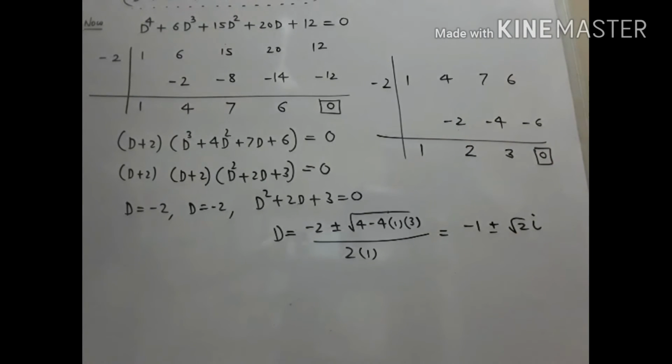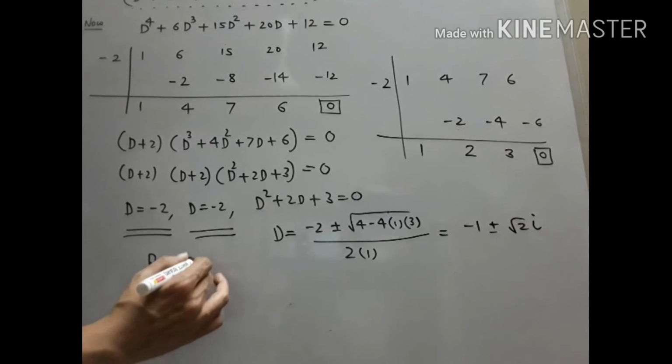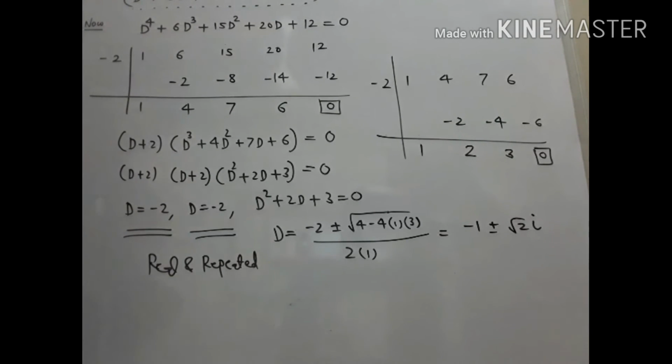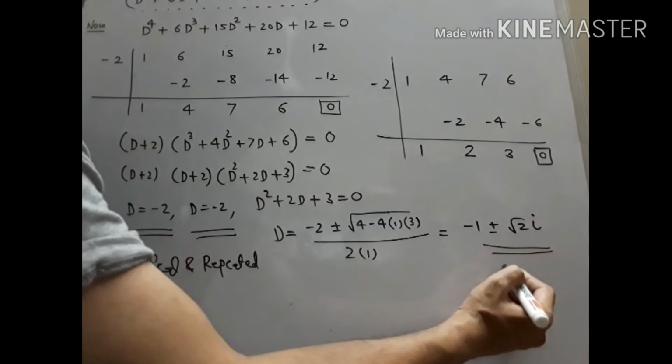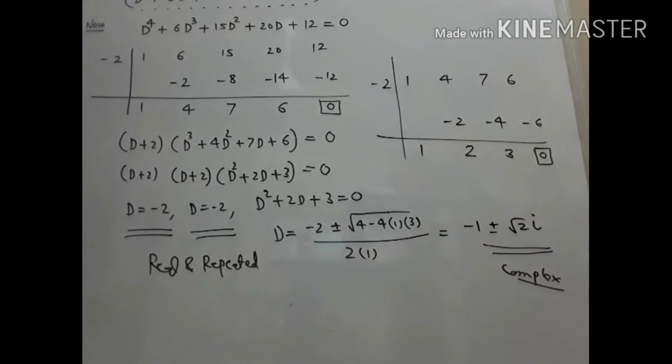These are the roots we are going to get. Look at the roots: D equal to minus 2, minus 2 is real and repeated. And look at this, it is complex or imaginary.